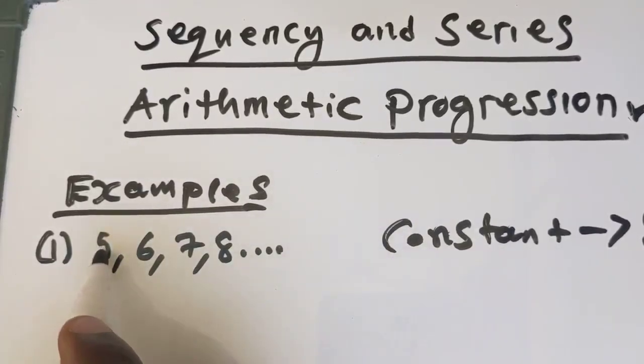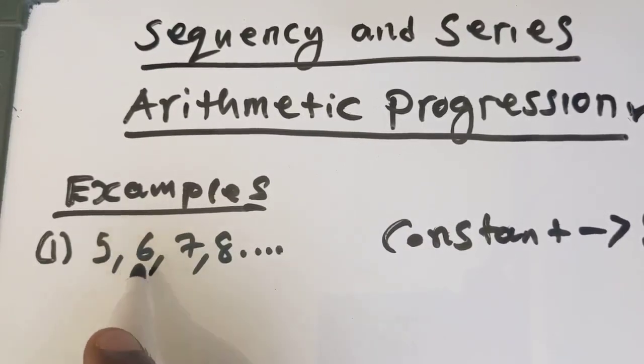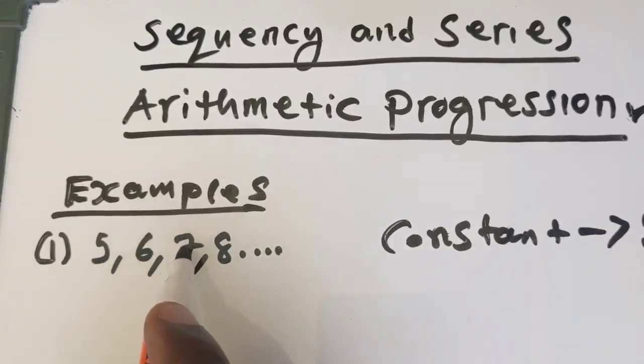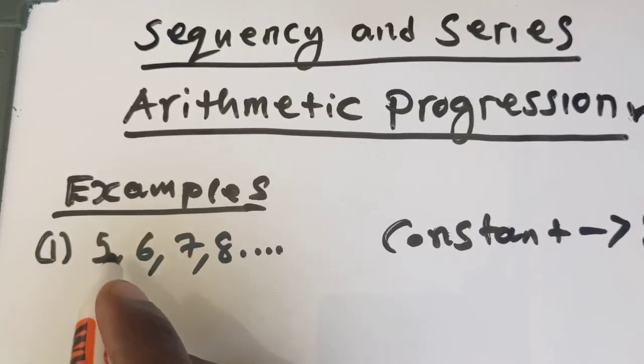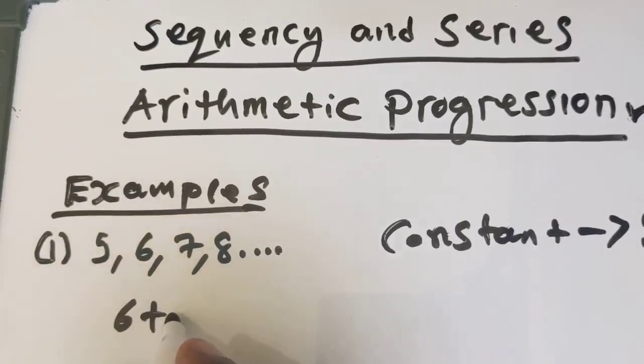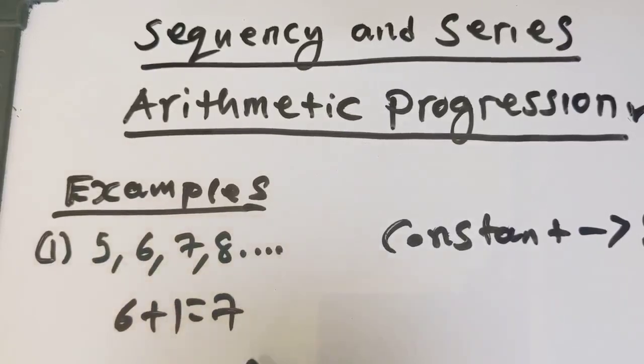So what is the constant here? You will find that from 5, they add 1. They have added 1 to come up with 6. Then to form the next term, we add 1 to this 6 to get 7. The constant number is 1.